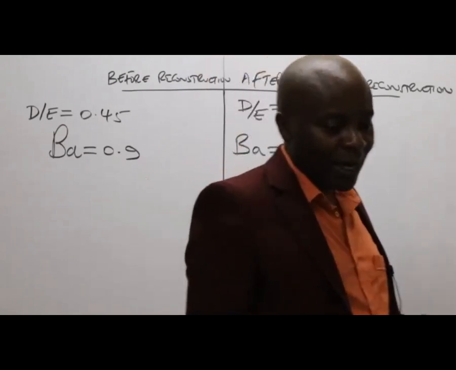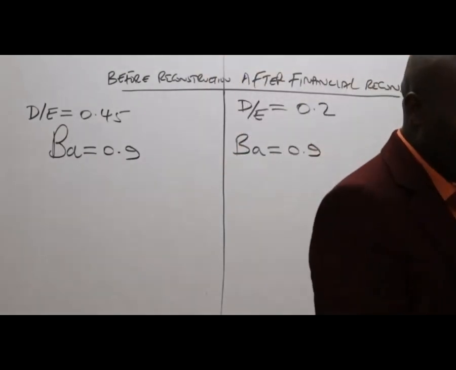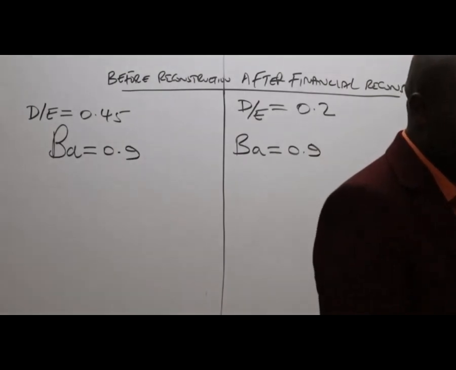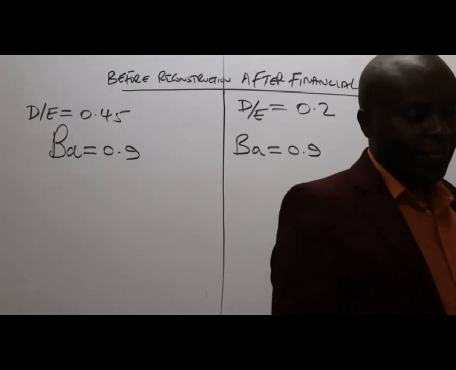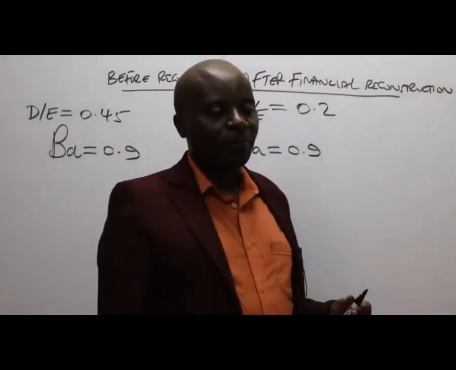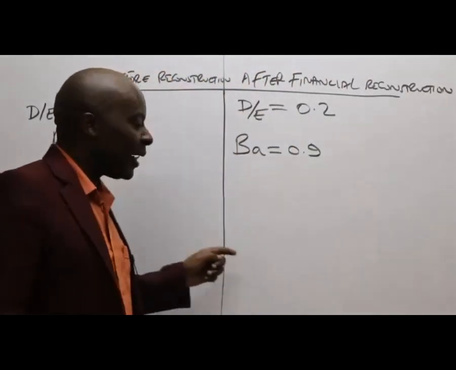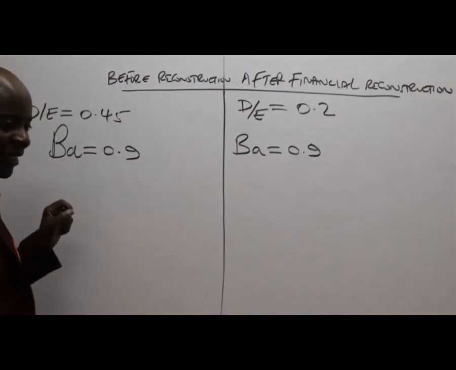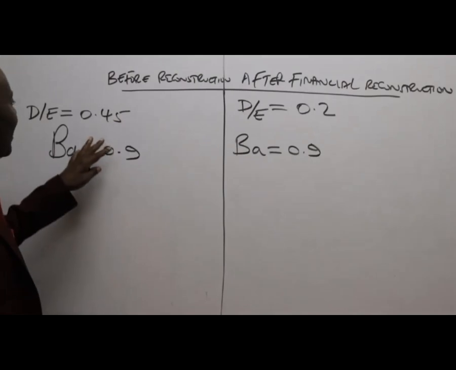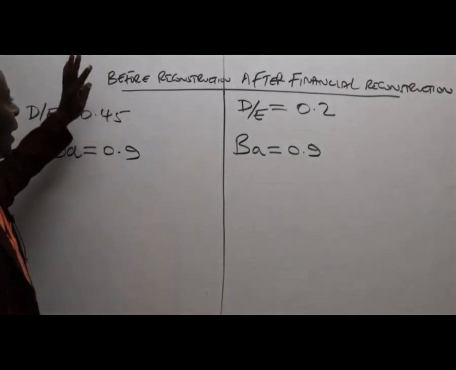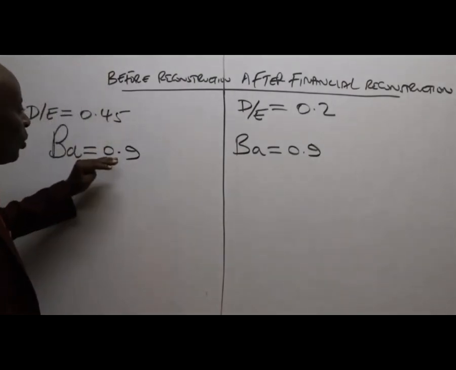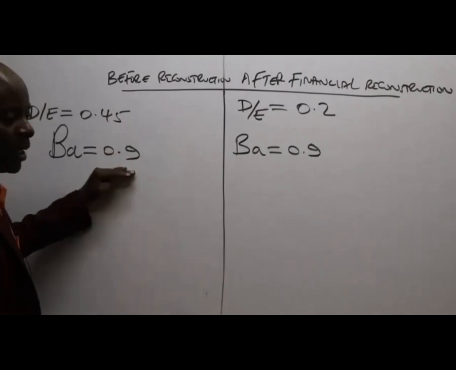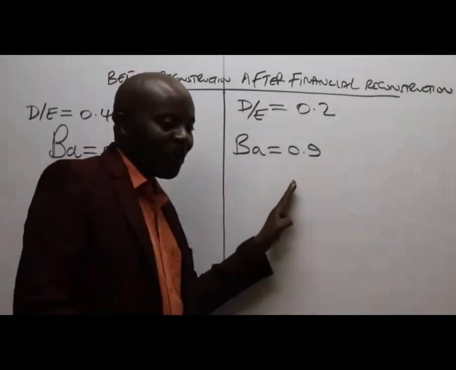You have already written it like that. You have written that this is beta assets, which is the same as unlevered beta. So if it's unlevered beta, it doesn't matter what debt this organization has. Unlevered beta for both of these scenarios will be 0.9.